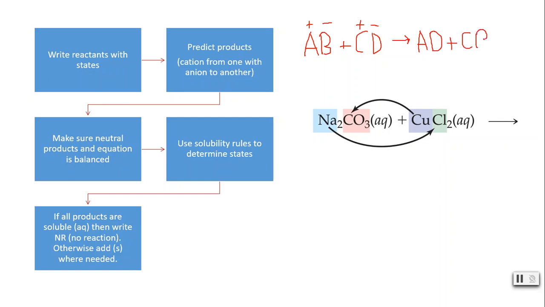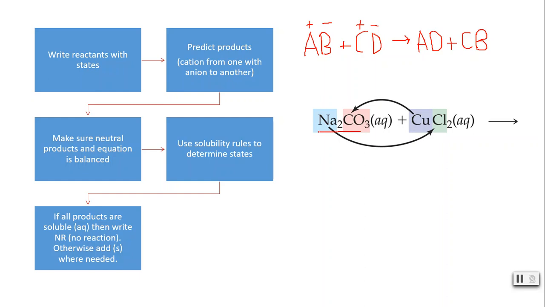Now make sure when you write those products that you always have the positively charged species first and the negatively charged species second. Also, when you put those ions together to form a neutral compound, you need to make sure that the charge is balanced. So let's review this example that we did before break.